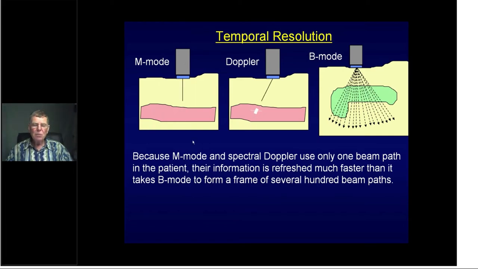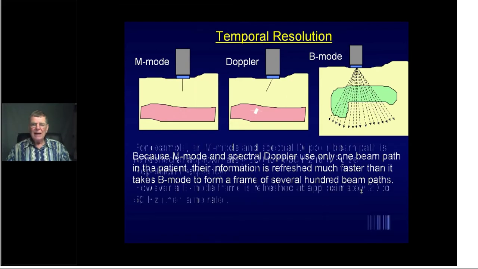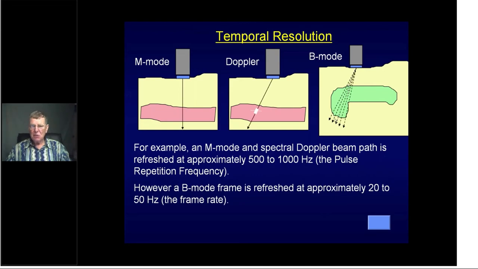M-mode and Doppler are doing it at the pulse repetition frequency. Okay, so that could be 500 to 1,000 times per second, whereas B-mode is much slower. Watch. Here's a B-mode image being gradually built up, while M-mode and Doppler are getting that data back all the time.